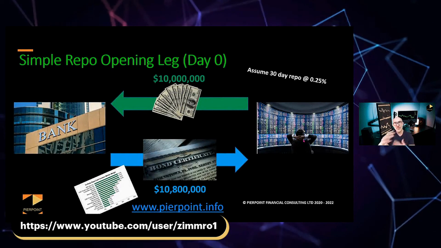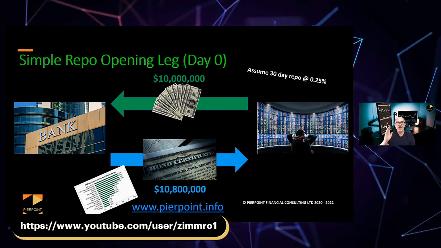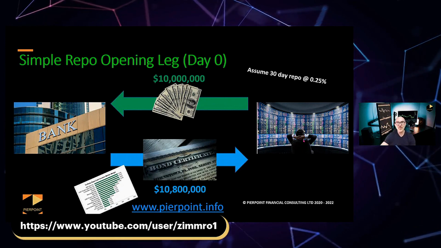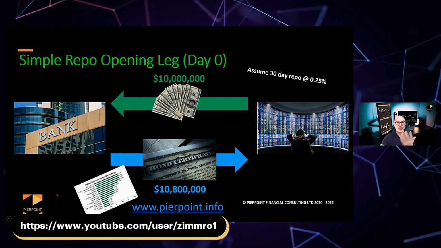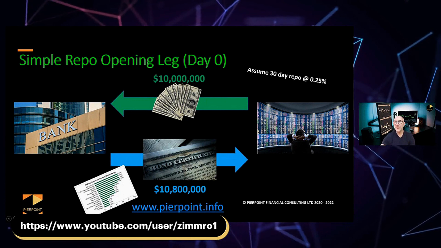So it becomes substitutable. That's not the case with the buy sell back because one entity is sold, the other one's bought, and that position stays through the rest of the transaction. Generally, of course, there are always exceptions to everything, but generally that's the case.